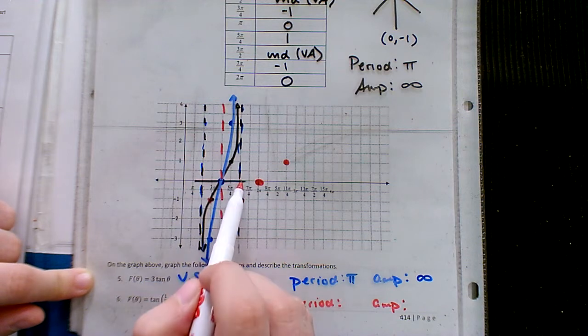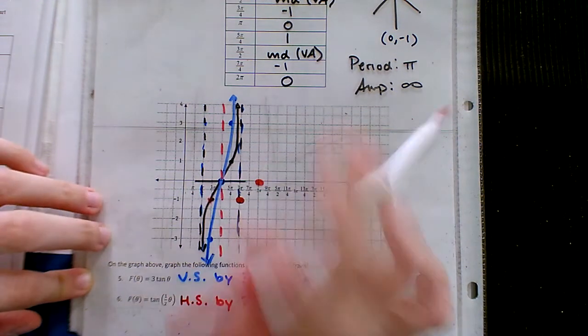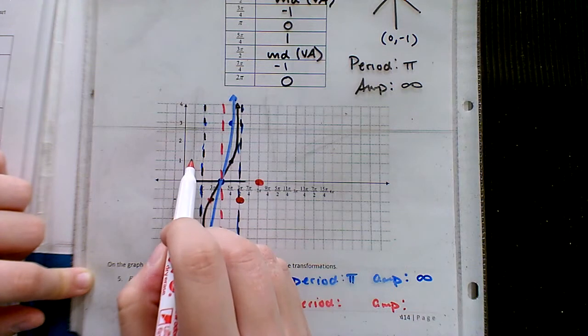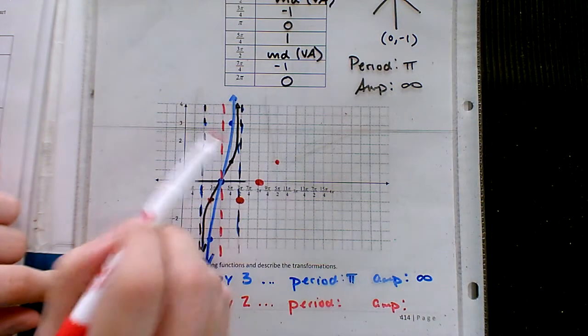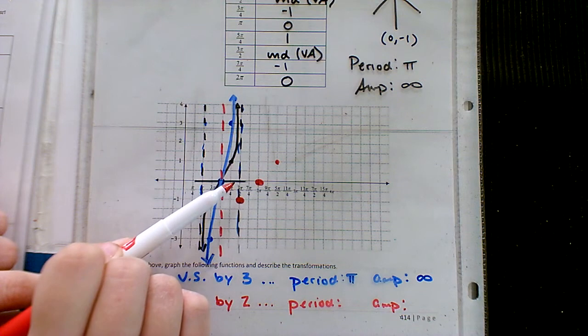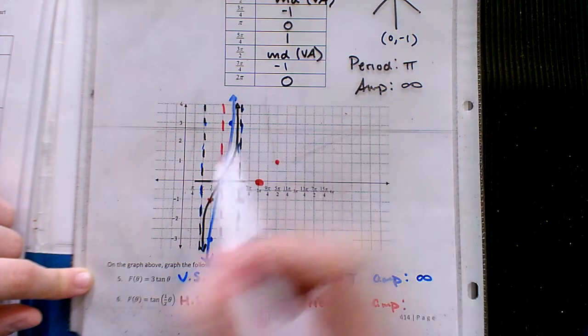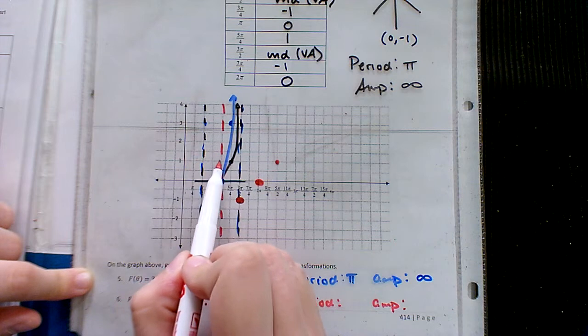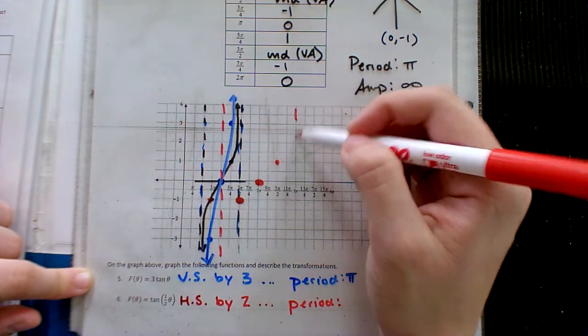Oh wait, that was 6 units away. This dot was 5 units away, so now it should be 10 units away. And the asymptote was 6 units away, so now it should be 12. Somewhere right there.